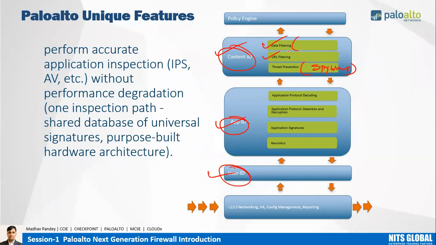Palo Alto is quoting a 20 million URL database, and they have 76 categories right now, and in each category there are millions of URLs and websites. Apart from this, it can provide you maximum performance. It can identify 1,000 URLs per second.